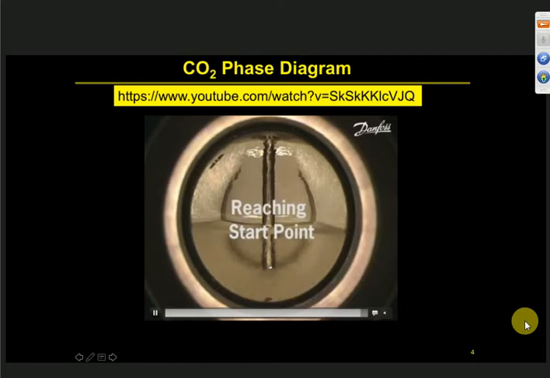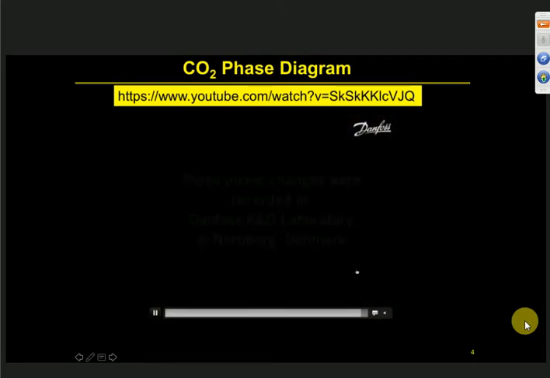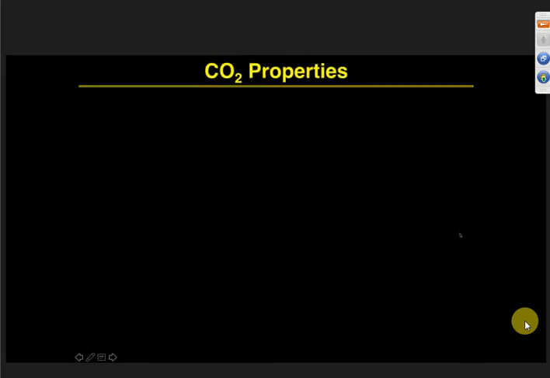So the point of showing this video here is that it's always useful to show the students, so they can imagine what the pure component phases look like and how to generate those phases. It gives some kind of interest to the students.